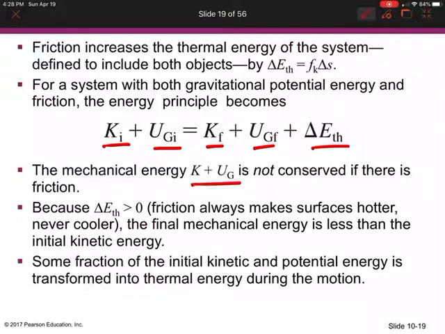So this is saying that the mechanical energy of kinetic and potential is not conserved if there's friction. And if you do the Energy Skate Park simulation, you'll see that once you start to add the friction to it, you're actually going to have to try to figure out what the thermal energy is. Because all of that together should still equal that total energy.